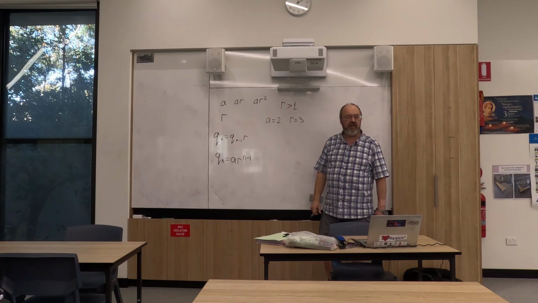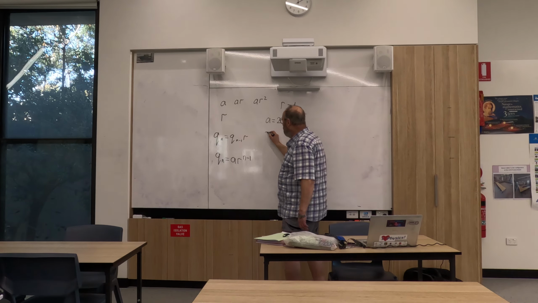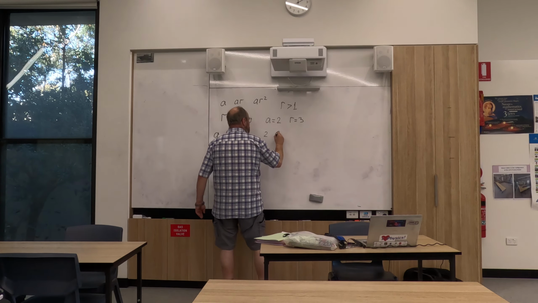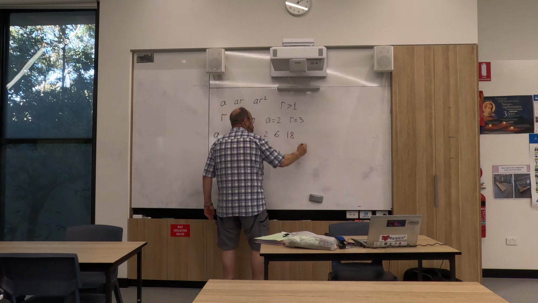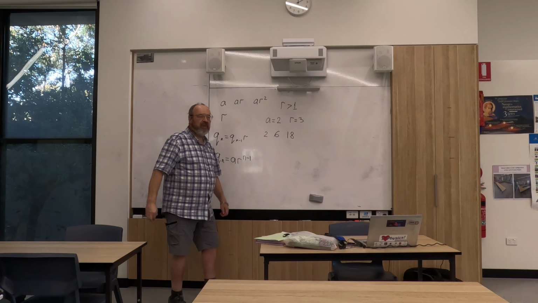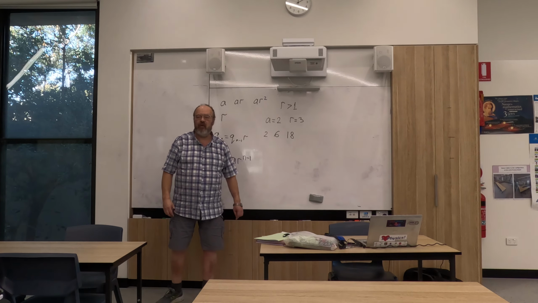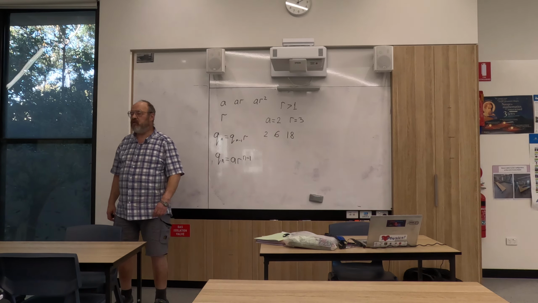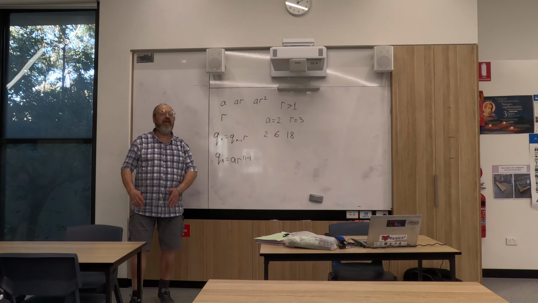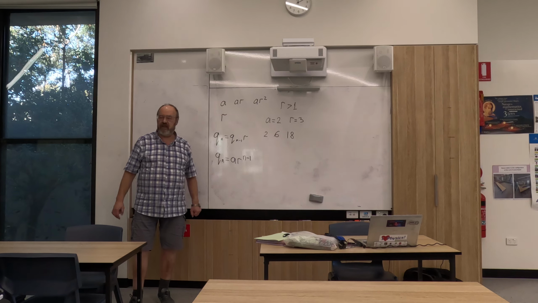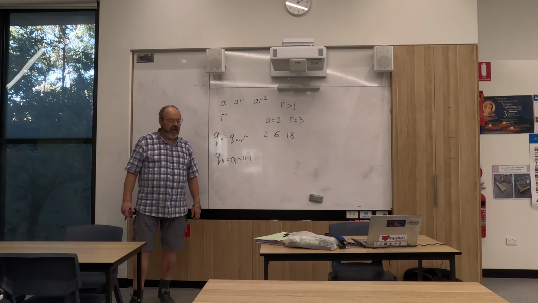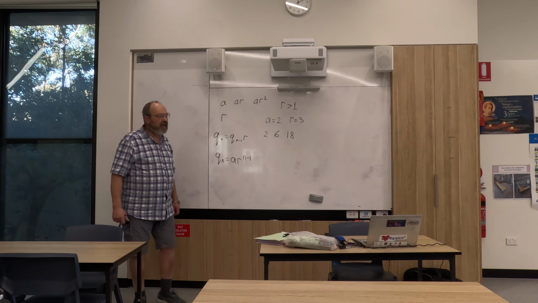So we will have the sequence 2, 6, 18, and every time you multiply by 3. So the terms of the geometric sequence will be increasing to infinity.